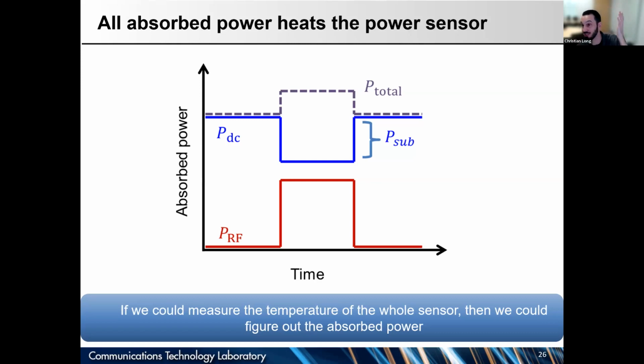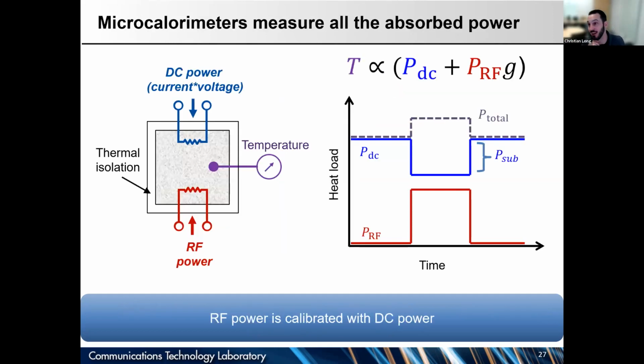Typically, it's less than the amount of RF power. So there's some extra absorbed power that's going to heat the whole body of the power sensor. So if we think about the entire power sensor and how warm it gets when RF and DC power go into it, then maybe we can measure the total amount of power that way. And that's the idea behind the primary power measurements that are done at many national labs around the world.